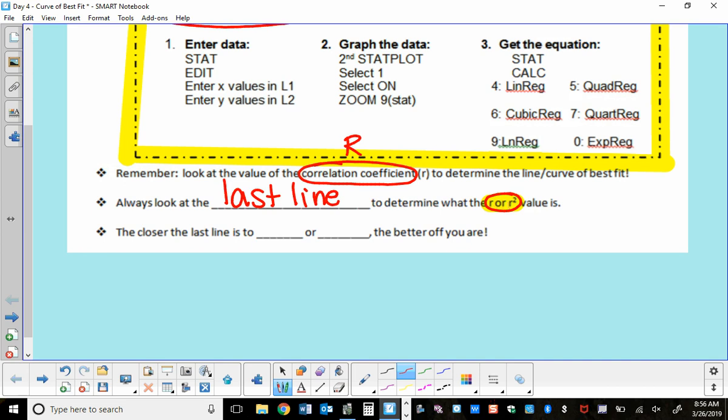The closer the last line is to -1 or to +1, the better off you are. So once we start comparing different regressions, because there's 6 of them, we're looking at our R, which tells us which one we want to use. That tells us our line or curve of best fit.